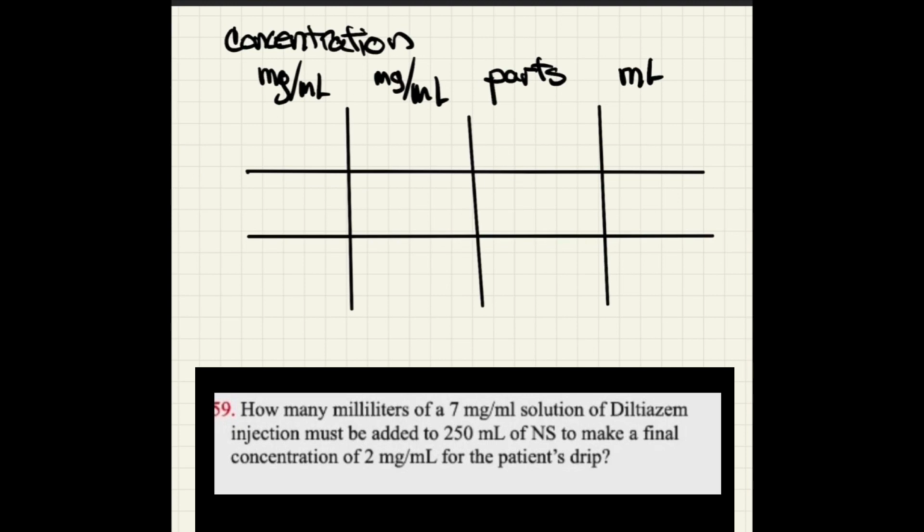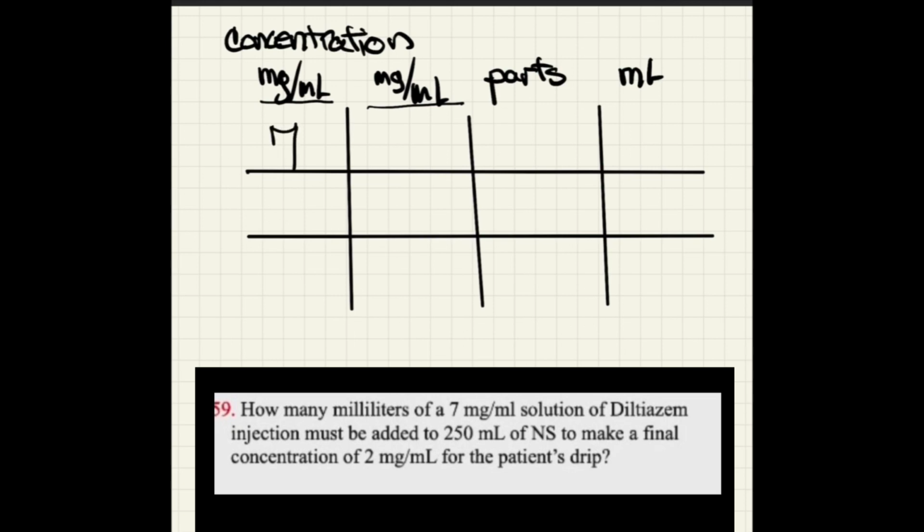So here we go. How many milliliters of 7 milligram per ml solution diltiazem injection must be added to 250 mLs of NS to make a final concentration of 2 milligram per ml for the patient's drip. As long as we have the same units here and here, we don't need to convert anything to a percentage strength.